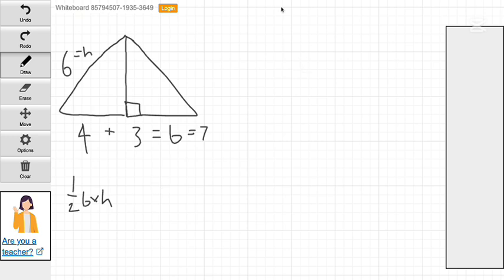That's 3.5. So 3.5 times 6. Okay, wait. I need to do some big brain calculations. That's just 21, right? Yeah, that's 21.